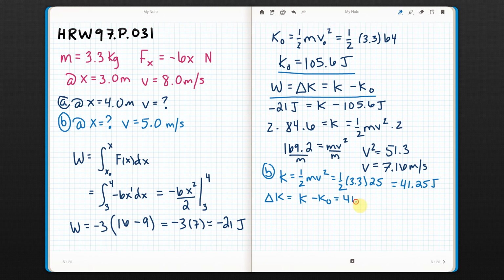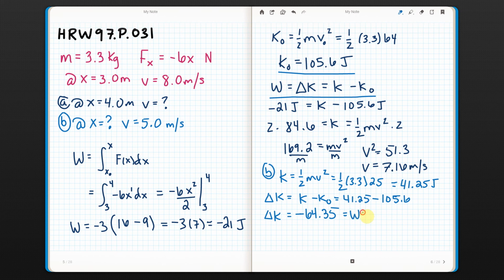So that's 41.25 minus 105.6. So the change in kinetic energy is negative 64.35. I know that's equal to the work done.